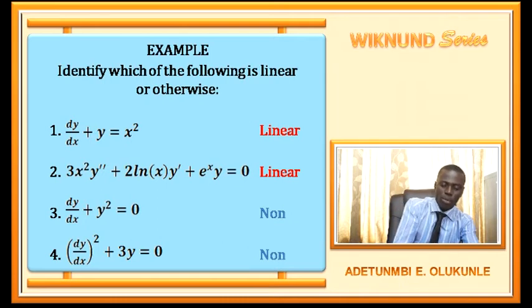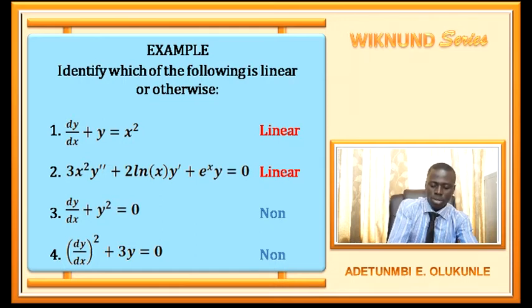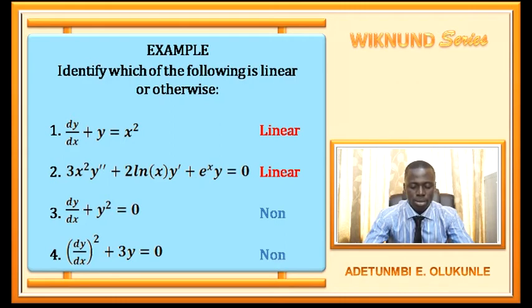It's linear. Number 3, dy/dx plus y squared equals 0. Let's consider the conditions. The first condition is that the dependent variable here, you can see clearly, is y, should be of the first degree. Now this is 2.